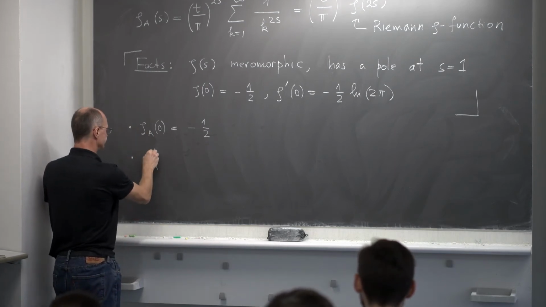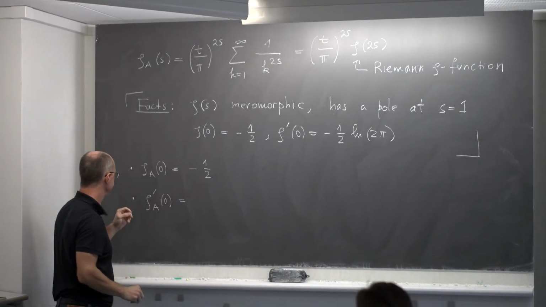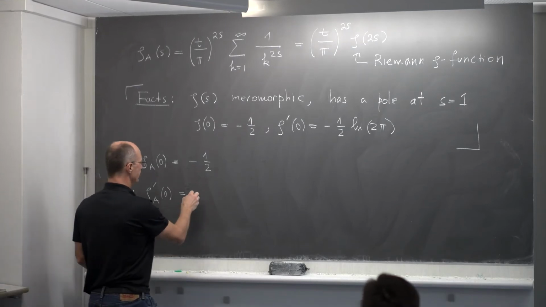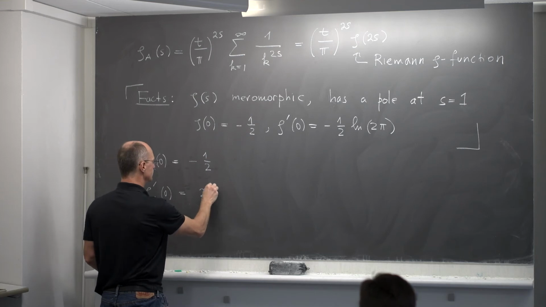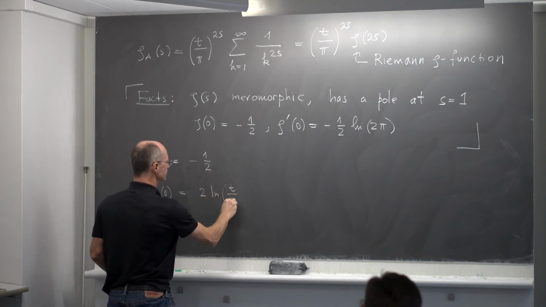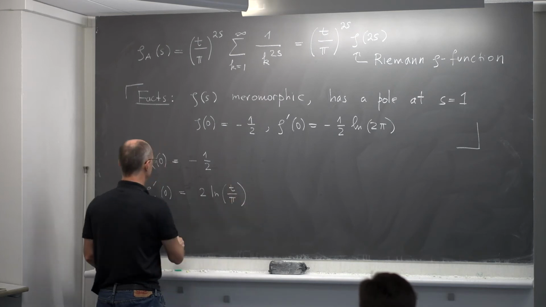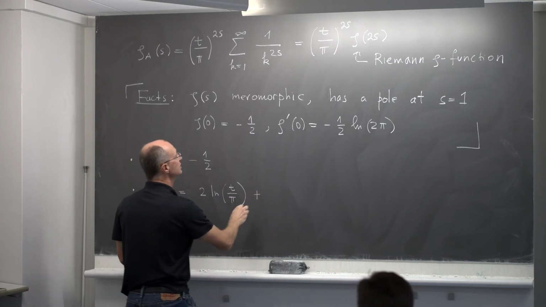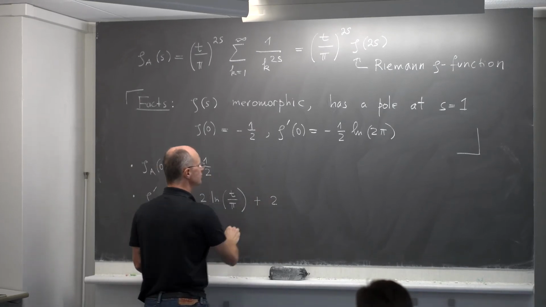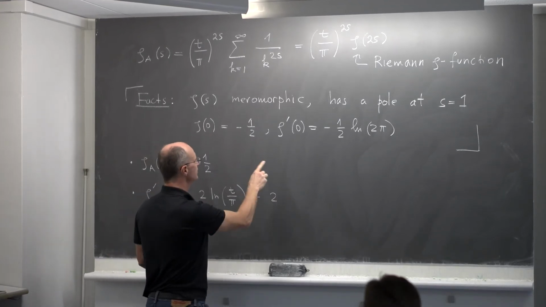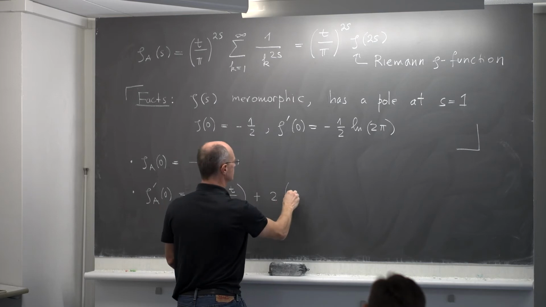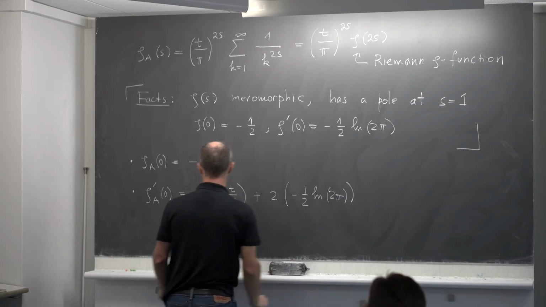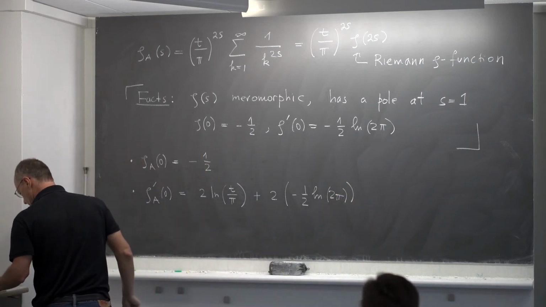And zeta prime of 0. So what will it be? This will be 2 logarithm of t over pi plus 2 derivatives, right? Minus 1/2 log 2 pi. Is it correct?